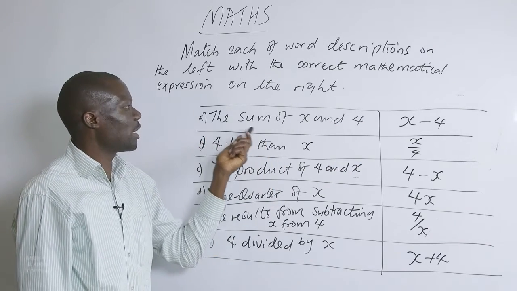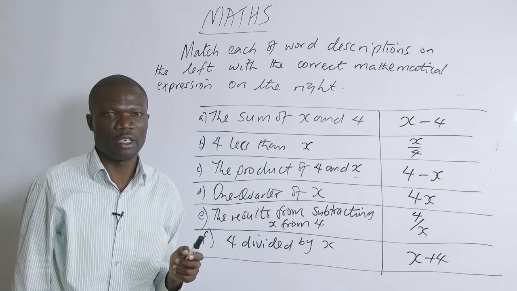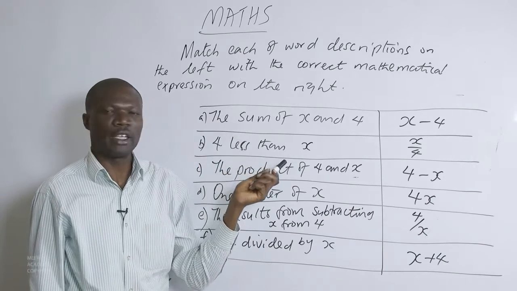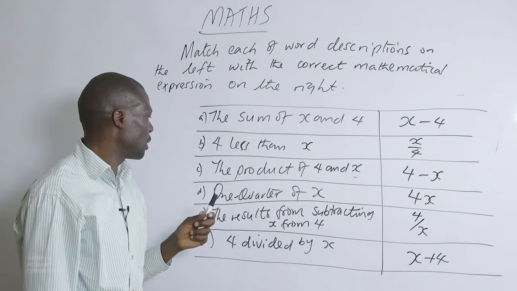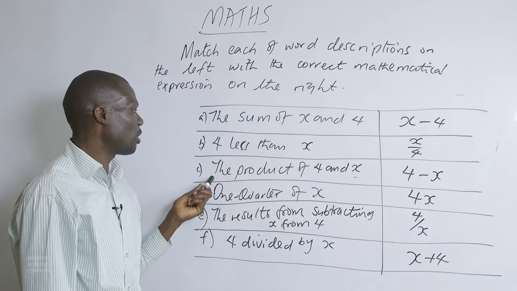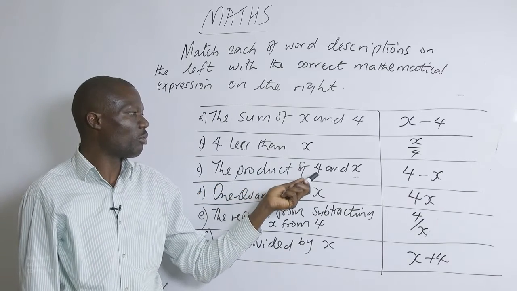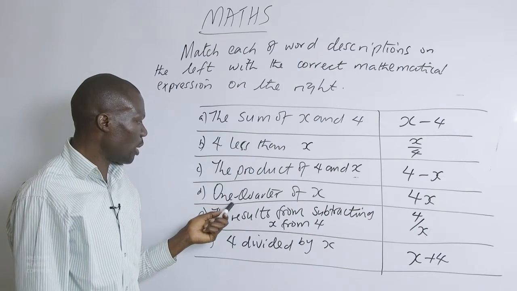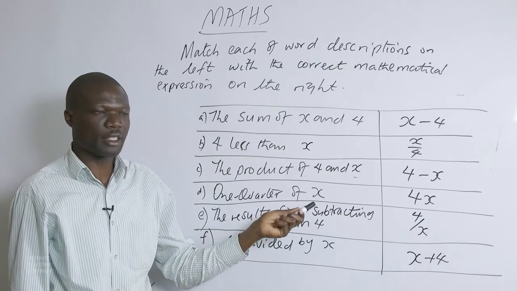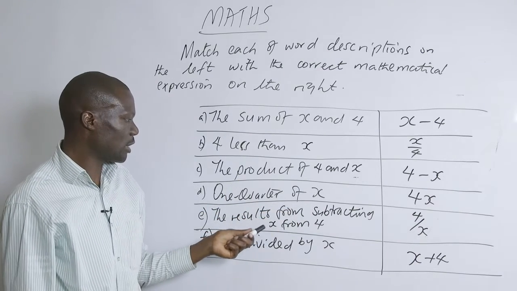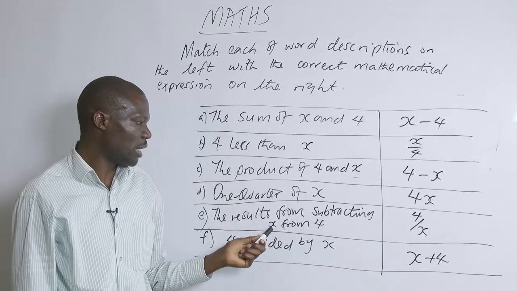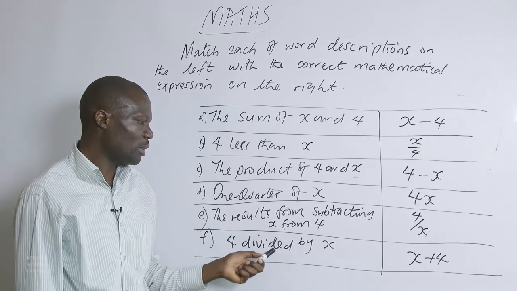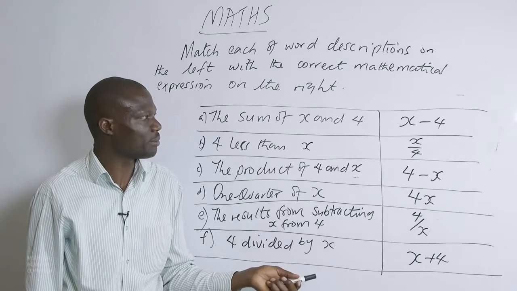First one is the sum of x and 4. 4 less than x as our second word description. The third one, the product of 4 and x. 1/4 of x, the results from subtracting x from 4. And finally, 4 divided by x.